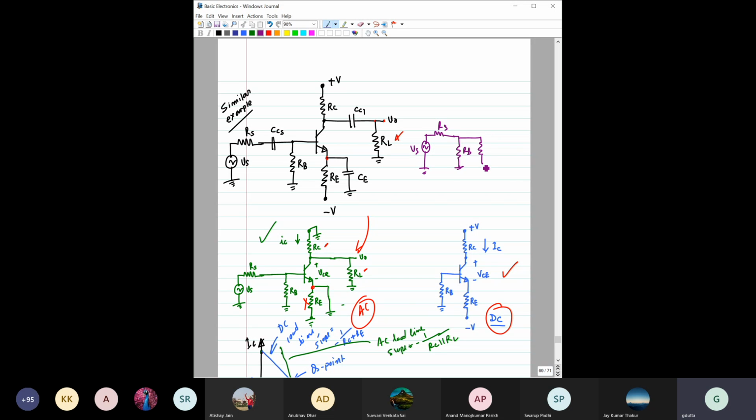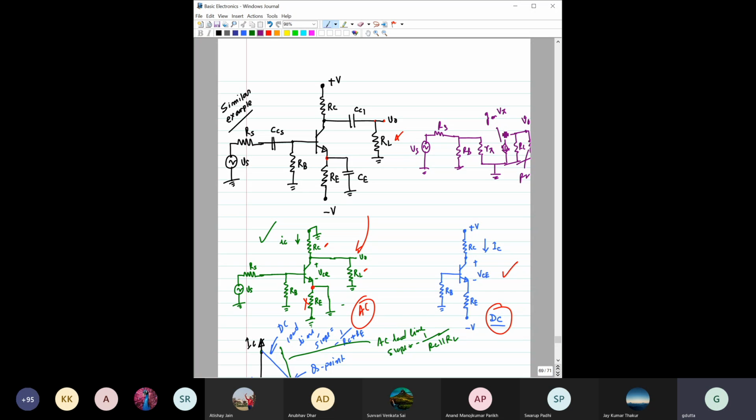So we should have this R pi. The emitter is grounded, so that is good. The analysis becomes easier, right? And this is gm V pi, and then this is RC, this is RL in parallel, and across here we are taking this V output, isn't it?